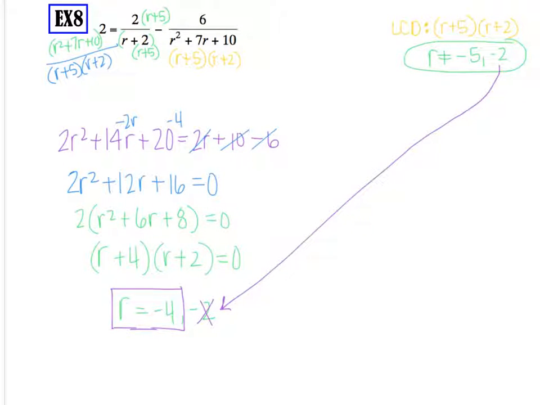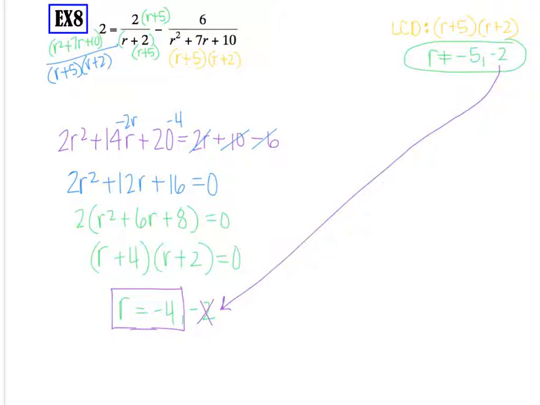So to solve a quadratic, I need to set everything equal to 0. So I subtracted 2r, and then 10 minus 6 is 4, so I subtracted 4. So I have 2r squared, 14r minus 2r is 12r, 20 minus 4 is 16 equals 0. And to make my life easier, I noticed that I can take out a 2.